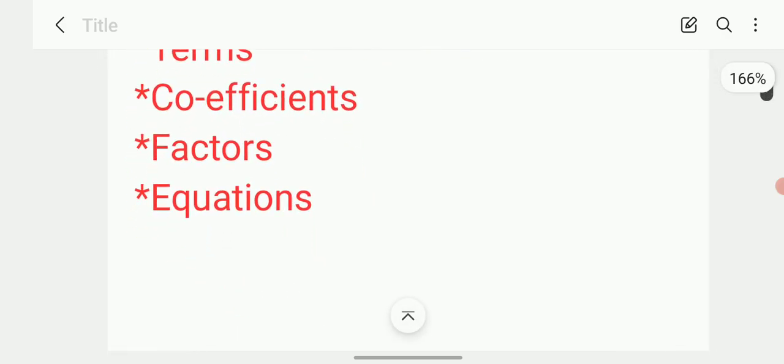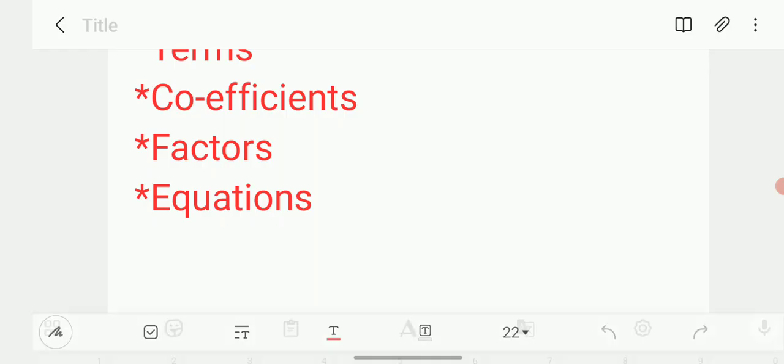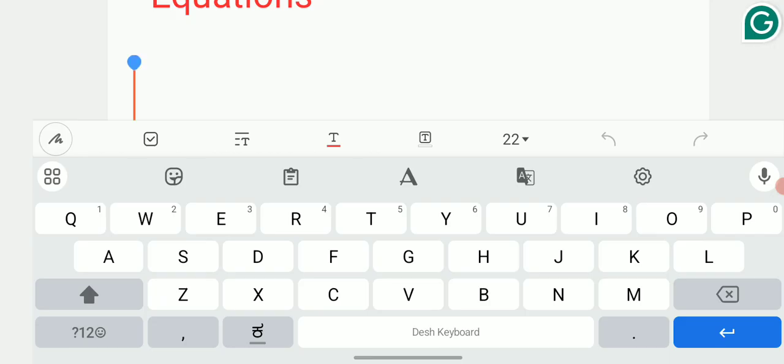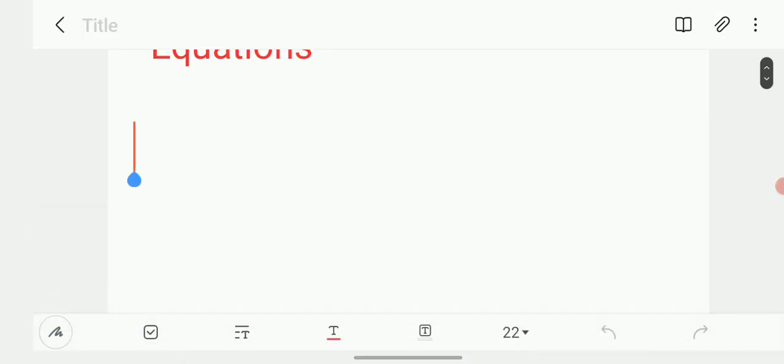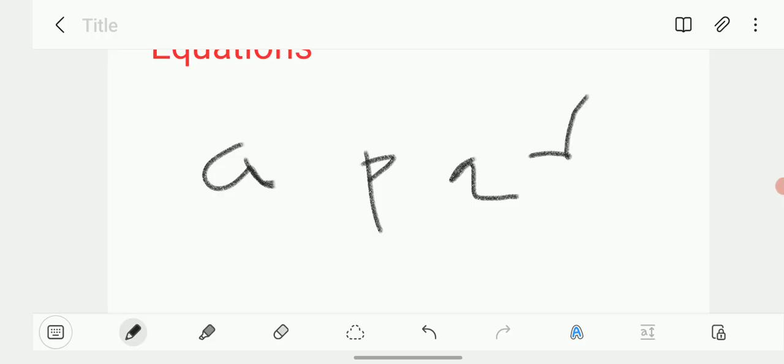Okay? Variables have some characteristics. Variables are designated by alphabets. It may be any alphabet: A, P, Q, R, B, C, any alphabet.